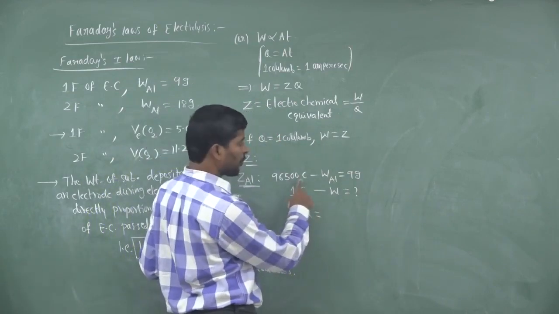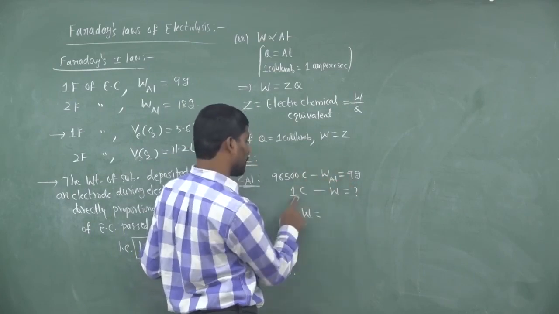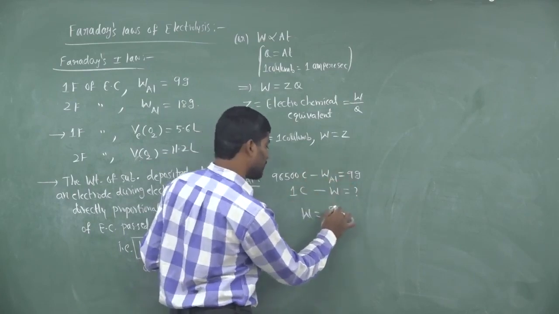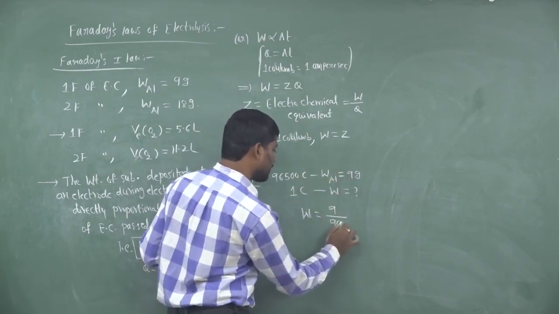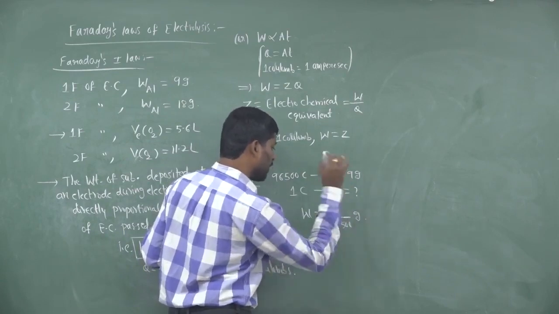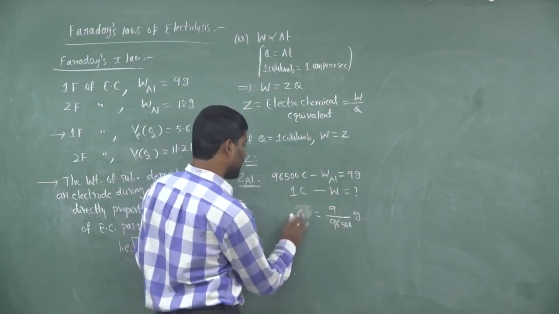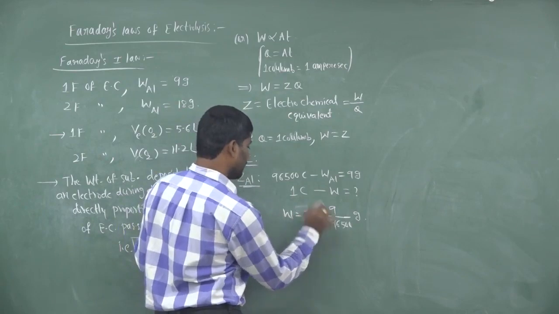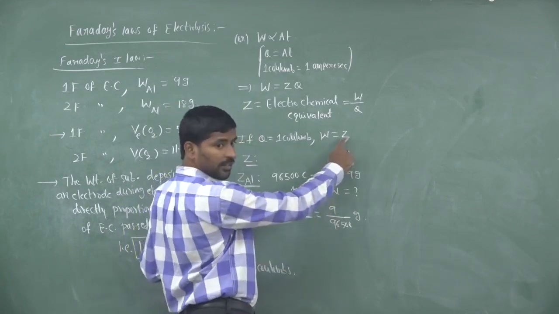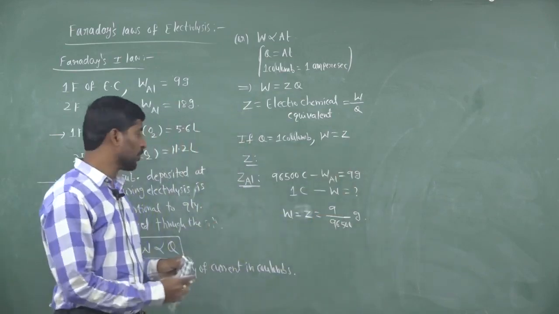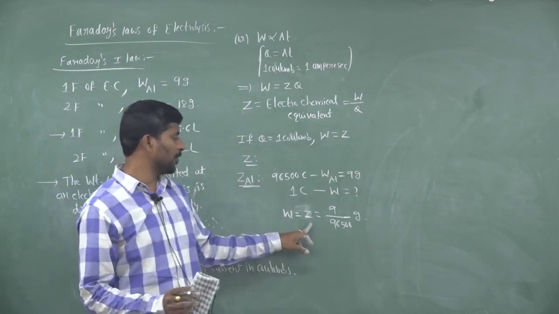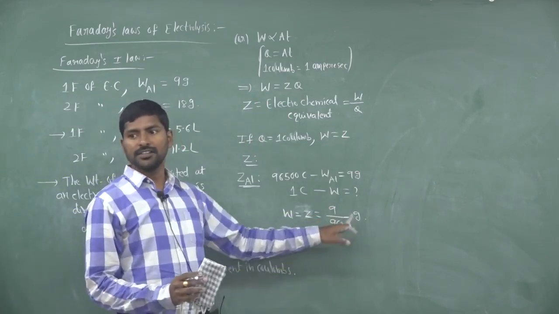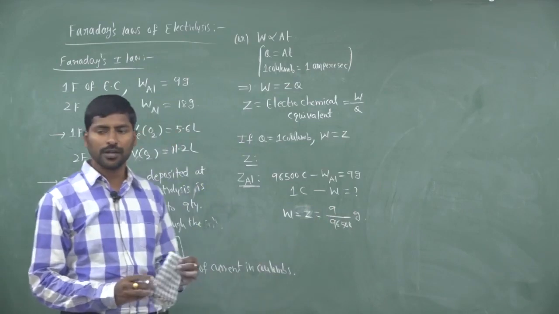For 96,500 coulombs, 9 grams is deposited. For 1 coulomb, how many grams will be deposited? That is 9 by 96,500 grams of aluminum. This is called Z, the electrochemical equivalent. So the Z value for aluminum is 9 by 96,500.